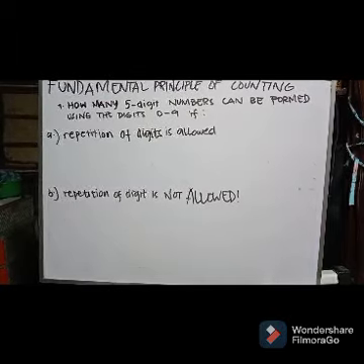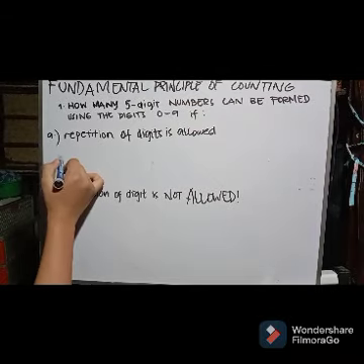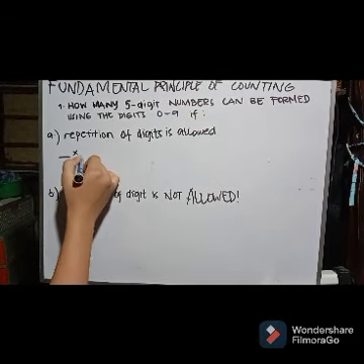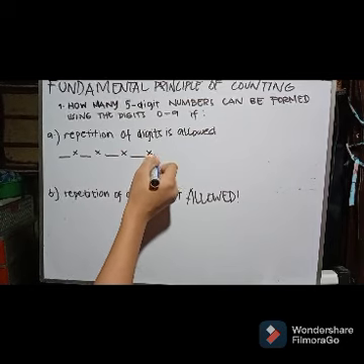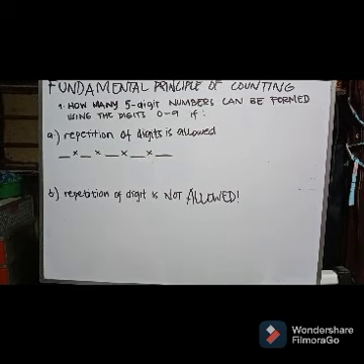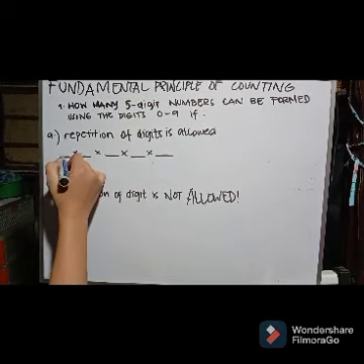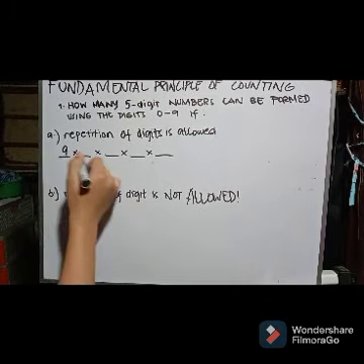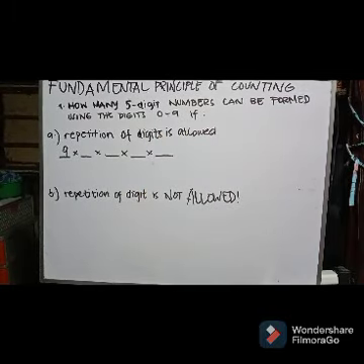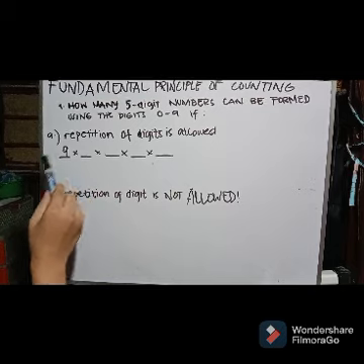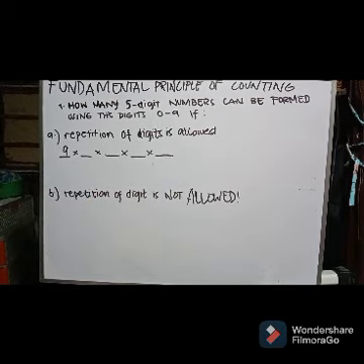So here are 5 digits. Repetition of digits is allowed. So this one will be 9, because 1 to 9 is allowed; if we use 0 in the first digit, it will become a 4-digit number only.